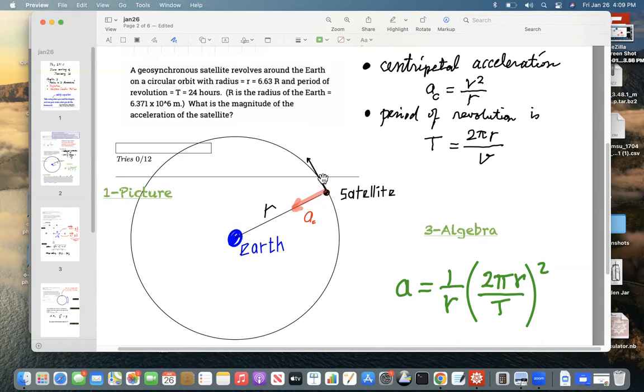The satellite is traveling always tangent to the trajectory, which is a circle. So the velocity vector is always tangent to the circle. Probably should have labeled this as v. There's v.